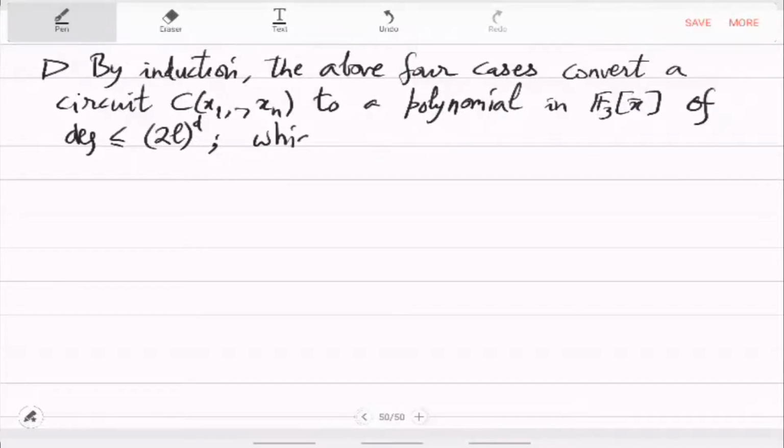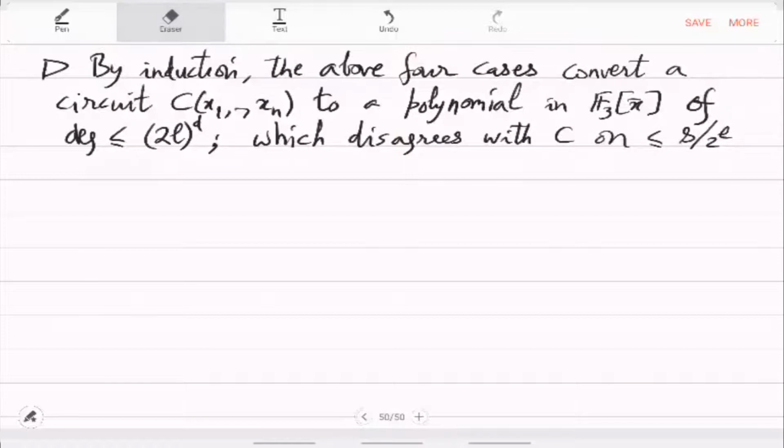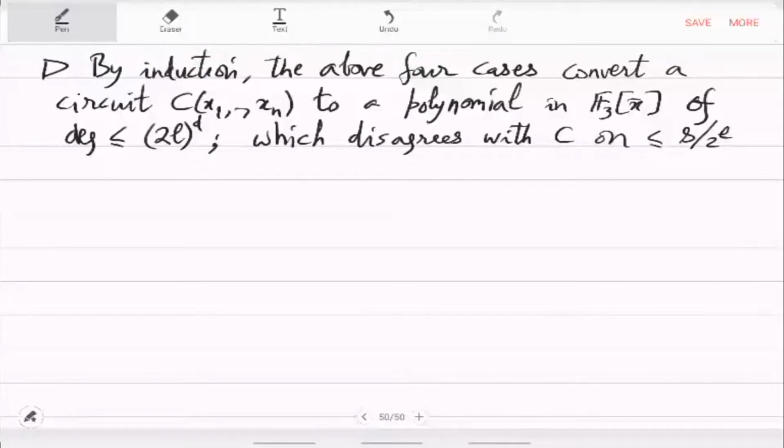And the error is, so which disagrees with C on at most S divided by 2 raised to L. Remember that there are at most S gates, so every gate can add 1 over 2 raised to L fraction. So this S over 2 raised to L is the total fraction by the union bound.